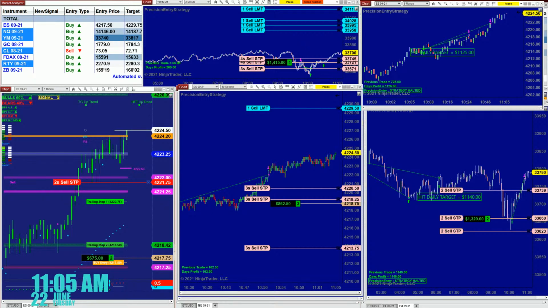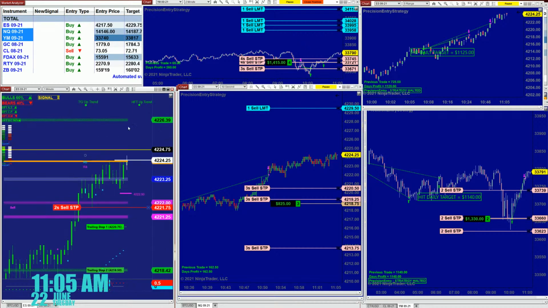Okay. Well, we are cooking up here with all those computers. So here it is, guys. As you see, if we are crossing the 42.24, we're going to be hitting the 42.26.